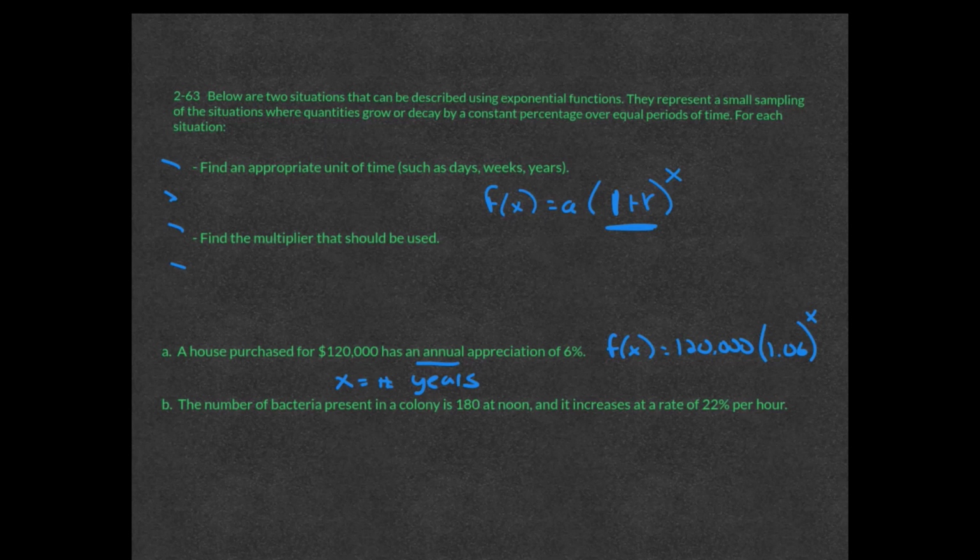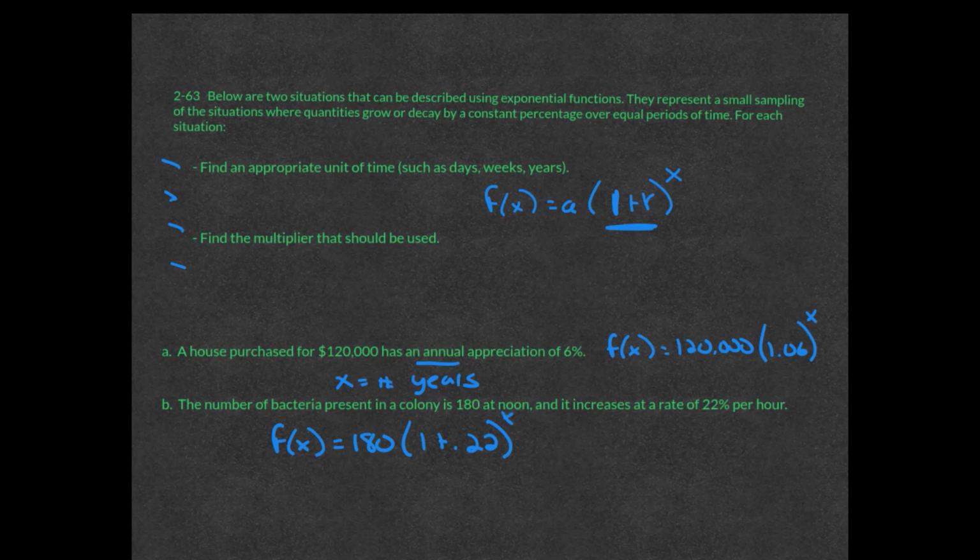Part B, the number of bacteria present in a colony is 180. So there's our starting point. Okay, and our multiplier, it says it increases at a rate of 22%. So that is going to be 1 plus 0.22 raised to the x.